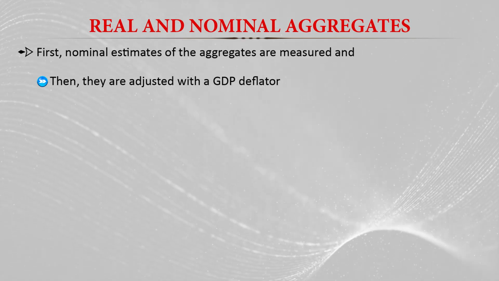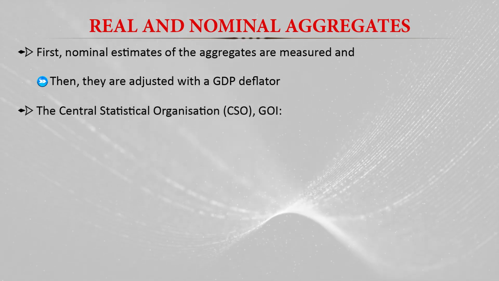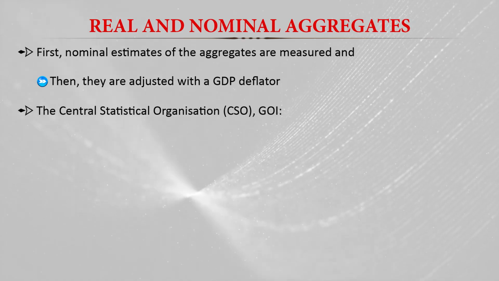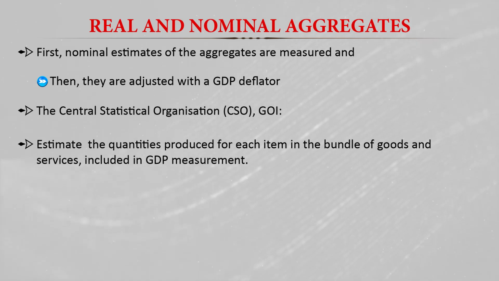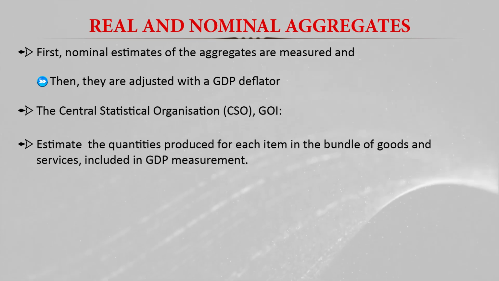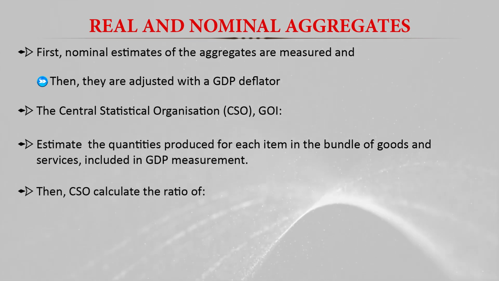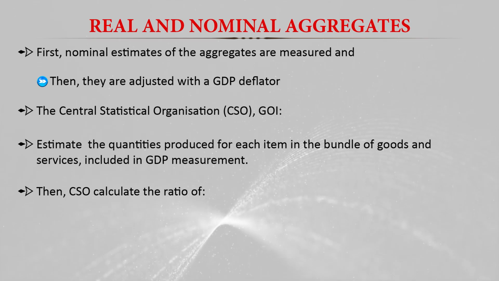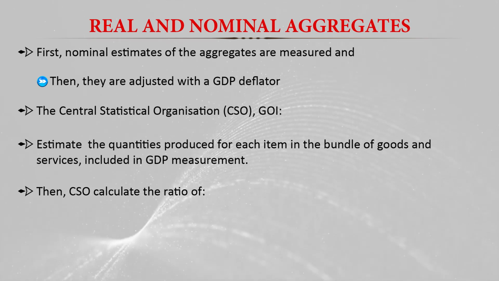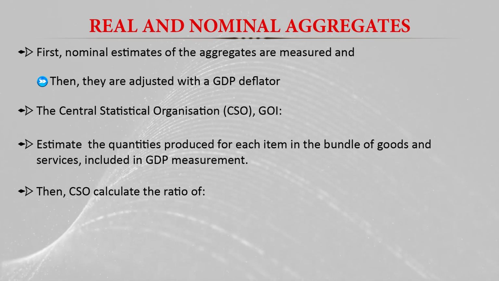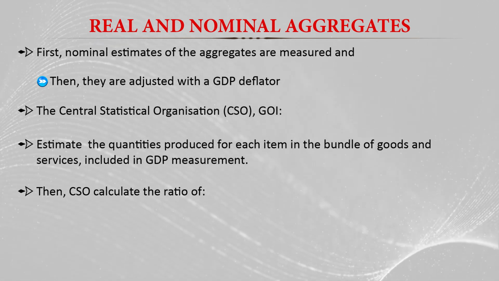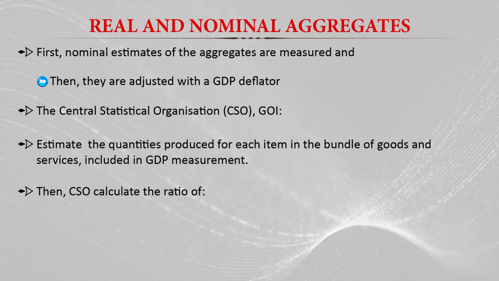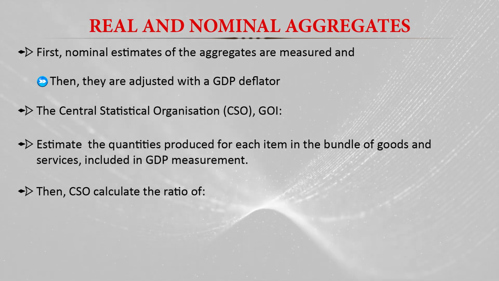So basically the Central Statistical Organization estimates the quantity produced for each item in the bundle of goods and services that are included in their GDP measurement. And then the CSO calculates, the ultimate purpose being to measure the real GDP, and for that purpose we need to calculate the GDP deflator.